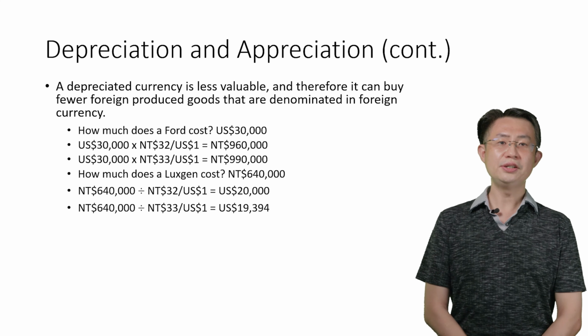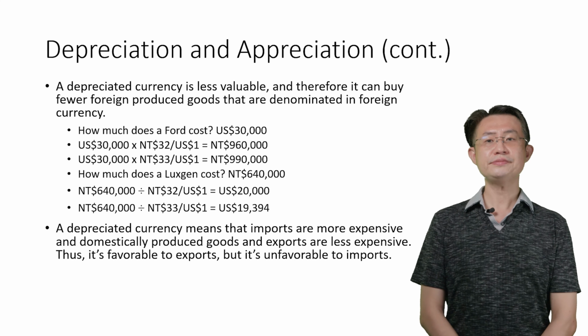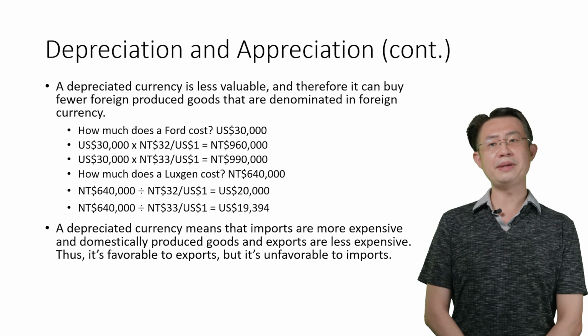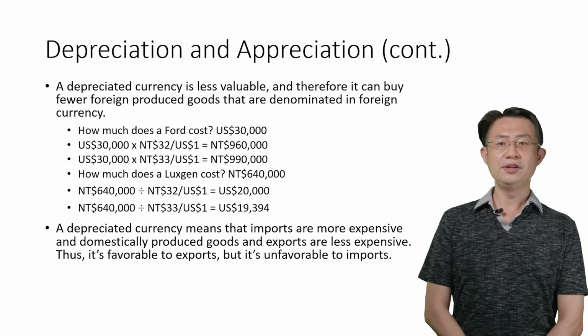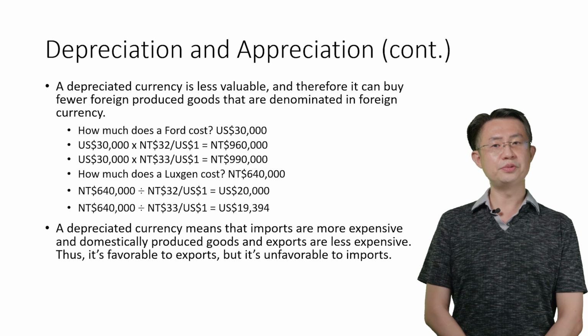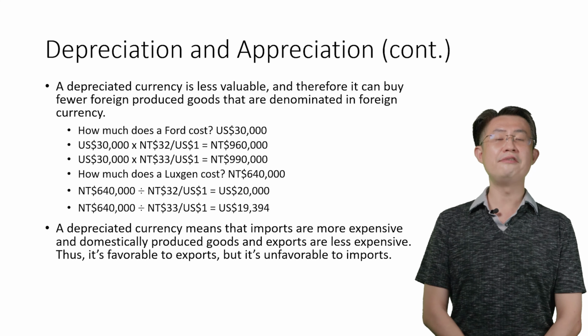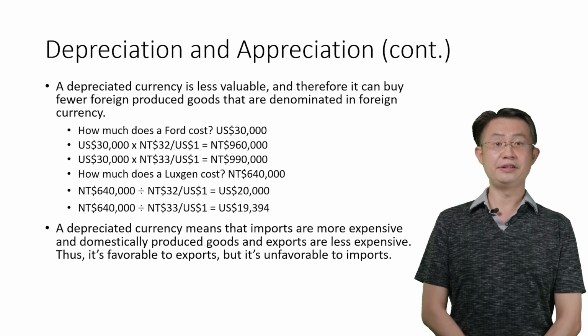Okay, so here we can make a conclusion. A depreciated currency means the imports are more expensive, and the domestically produced goods and the exports are less expensive. Thus, it's favorable to exports, and unfavorable to imports.